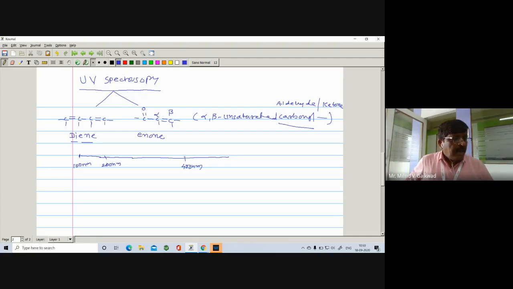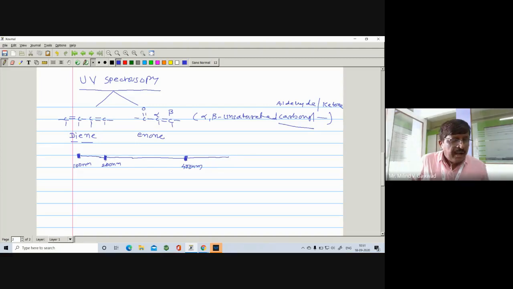You know the electromagnetic spectrum. Generally this UV starts from 100 to 400 nanometer. In that, the 100 to 200 nanometer range is not so important.